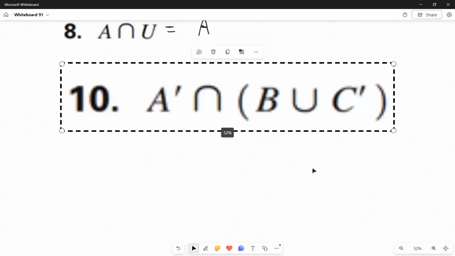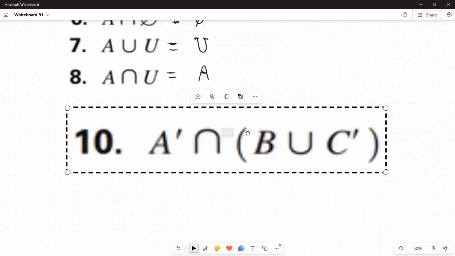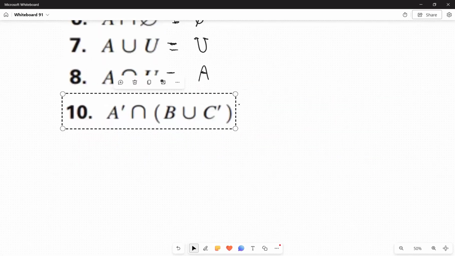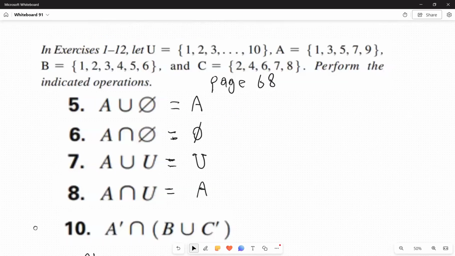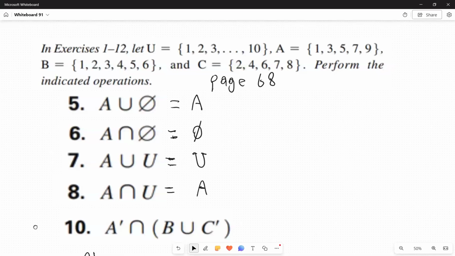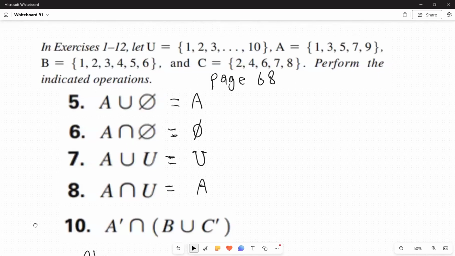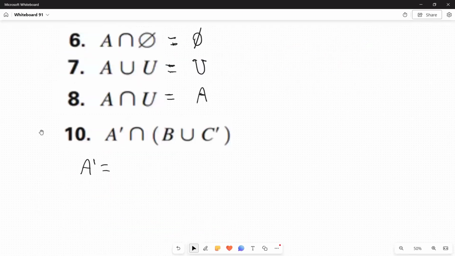So I'm copying this problem again. And we're going to do parentheses first. Well, we need to find the complements. The complement of A, if A is a set of odd numbers, is going to be the set of even numbers. So that's going to be 2, 4, 6, 8, and 10.